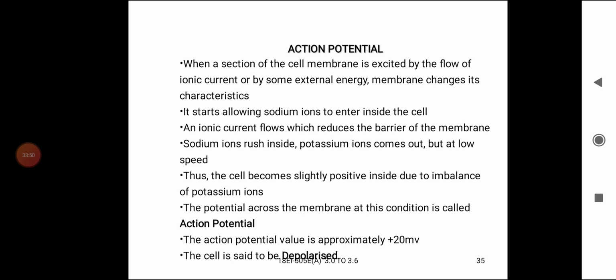Sodium ions rush inside, potassium ions come out, but at low speed. Thus the cell becomes slightly positive inside due to the imbalance of ions. The potential across the membrane in this condition is called the action potential. The action potential value is approximately plus 20 millivolts. The cell is said to be depolarized.